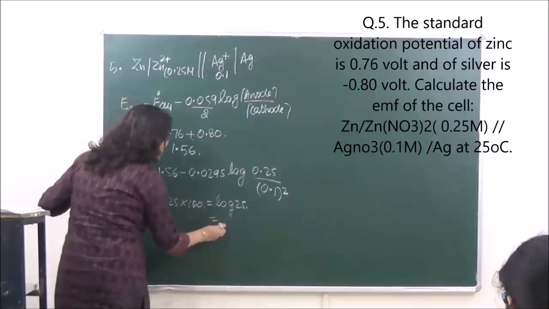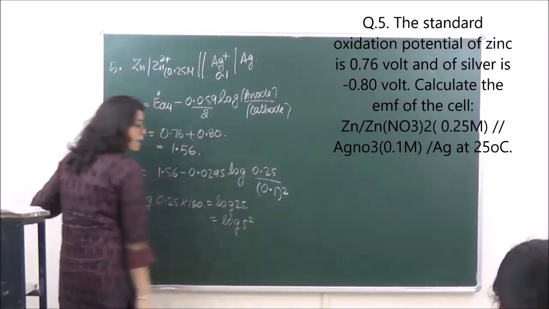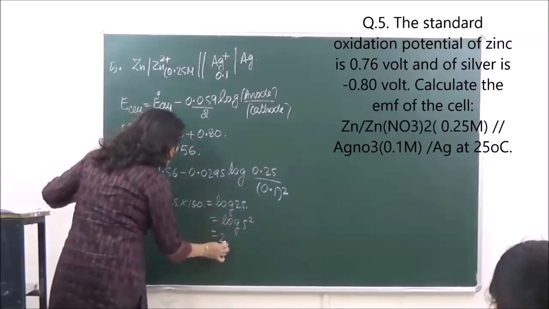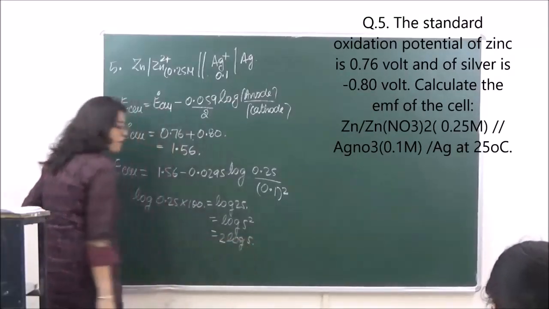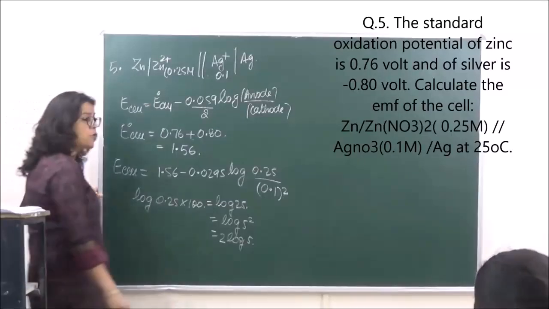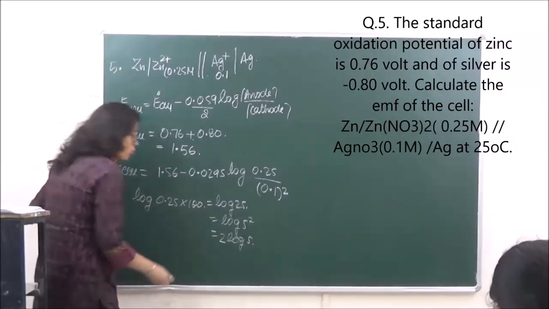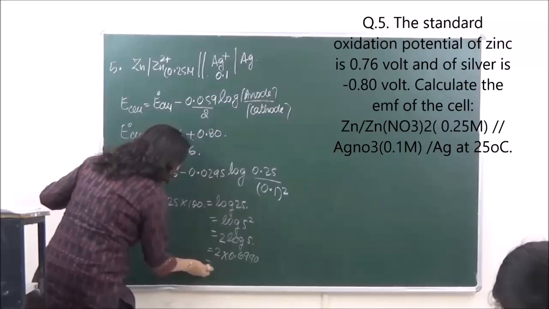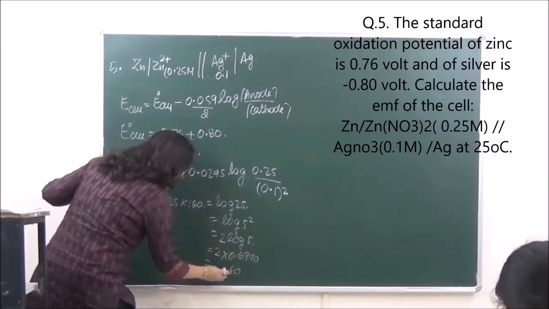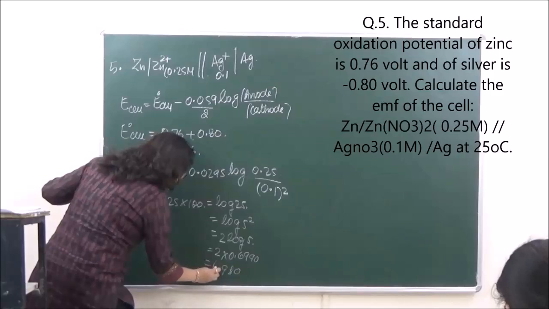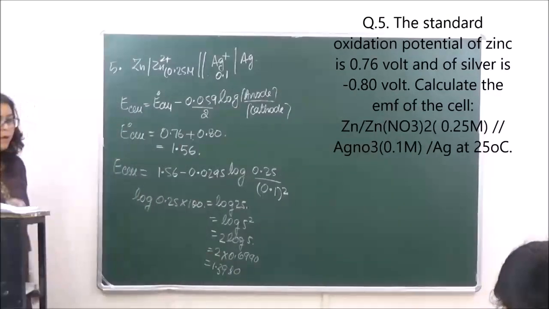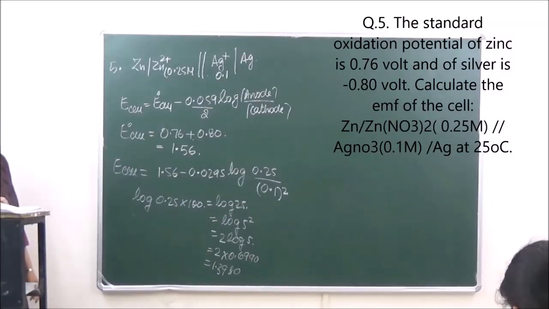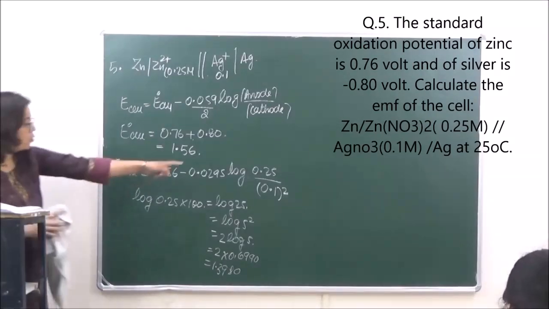Log of 25 can be written as log of 5 का square, or 2 log 5. ठीक है. The value of log of 5 is 0.6990. So this is 2 into 0.6990, which becomes 1.3980. ठीक है. So the value of log is coming as 1.3980.